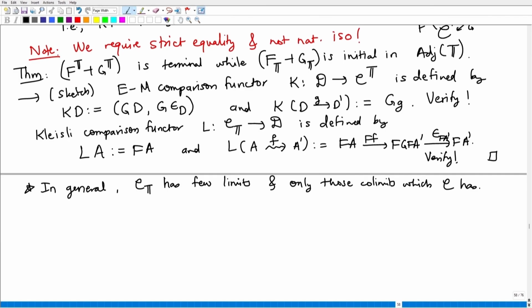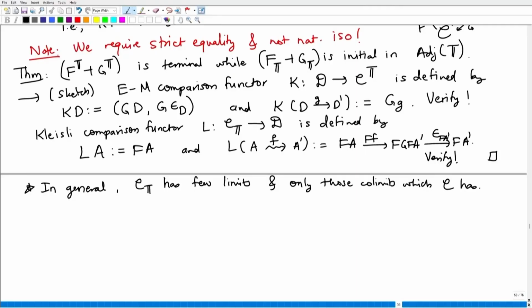Because there is an adjunction, so F^T must preserve co-limits. Oh, actually, yes, it must preserve, but that doesn't necessarily guarantee that it has few limits and co-limits in general.